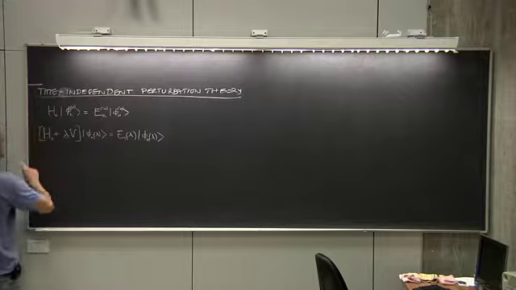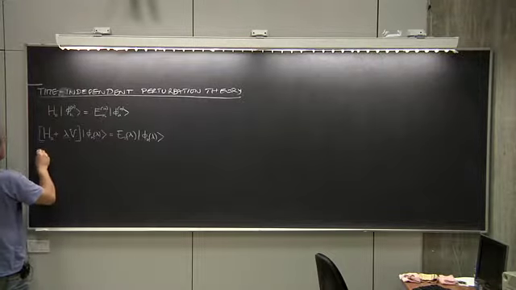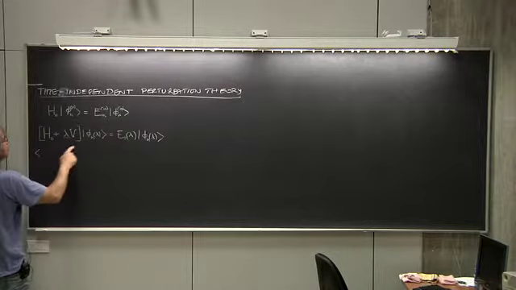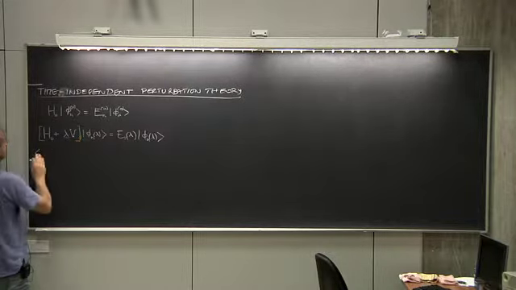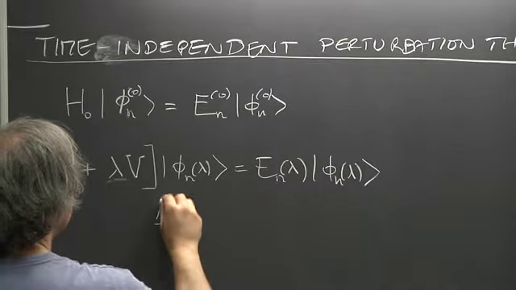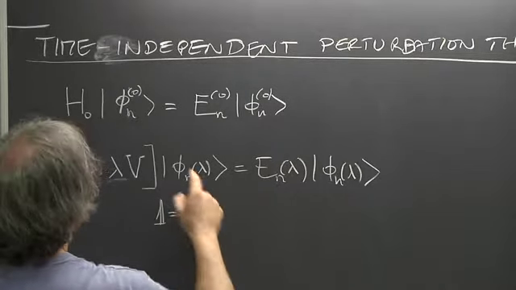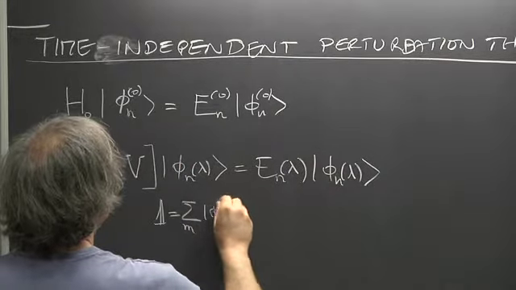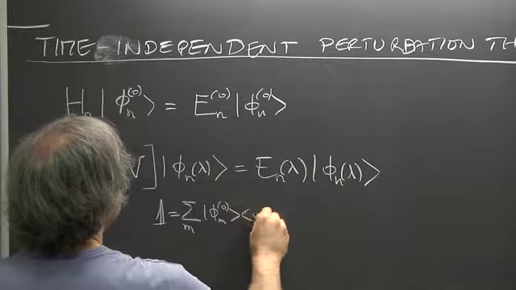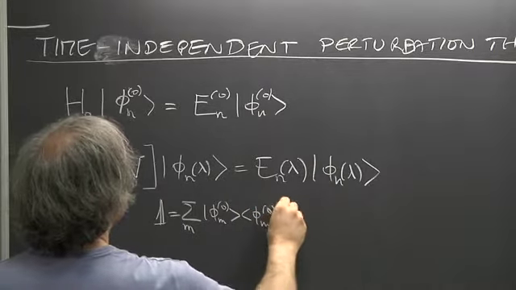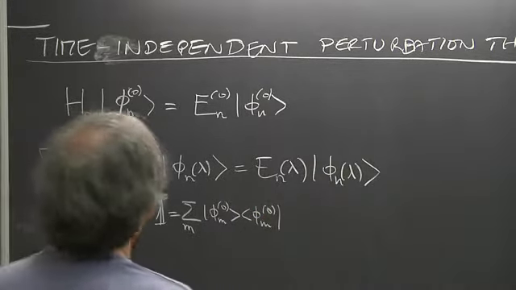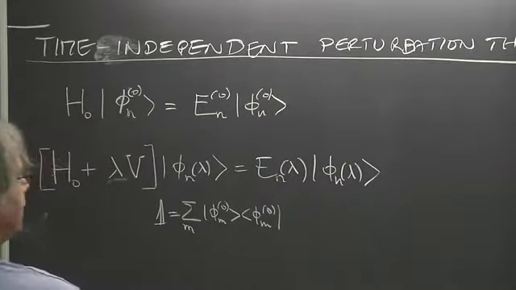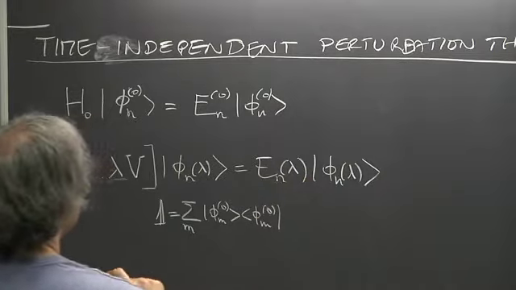So this means, for instance, that if I calculate the matrix element of this, I insert an identity here in the form of the sum over, let me call it m, of phi m0 phi m0. And I also insert an identity there. And there.